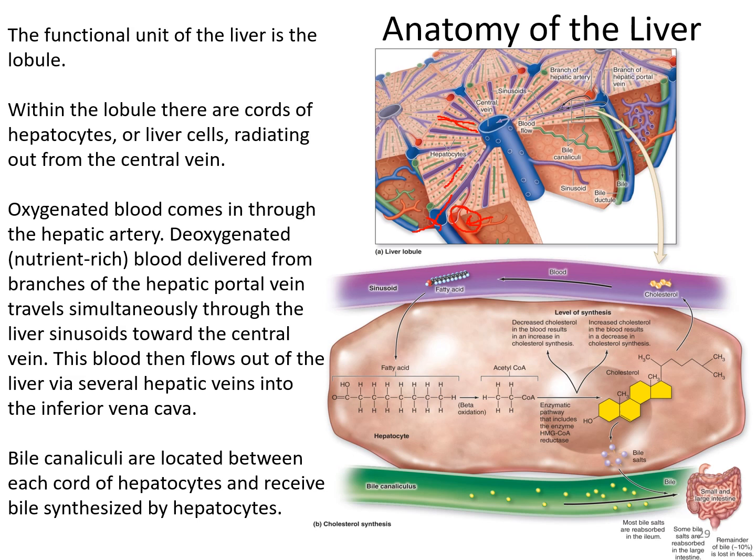It's basically just going to run this direction, and then eventually it will flow out through the hepatic veins into the inferior vena cava. You also have bile canaliculi going throughout because the hepatocytes are making bile that we're going to then send down to the gallbladder.